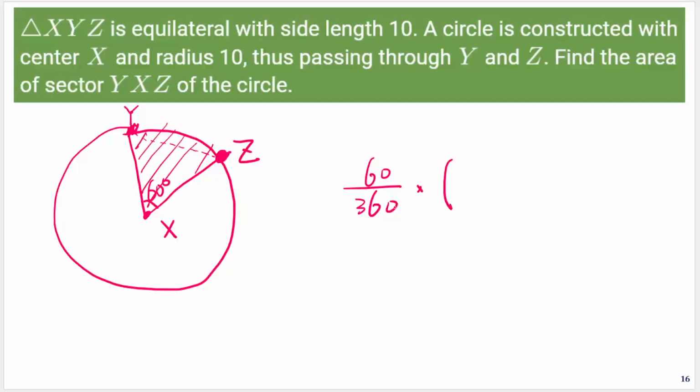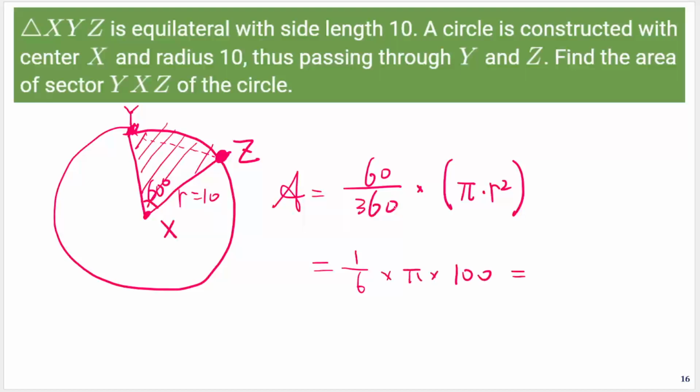The area of that circle is pi r squared, and we know r here equals 10, right? So the area of that sector equals 1/6 times pi times 100, which is 50 pi over 3. You get it?